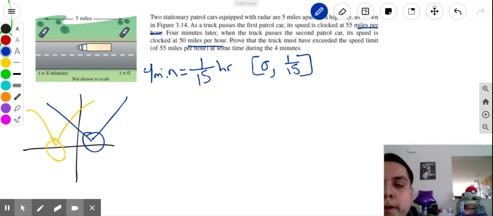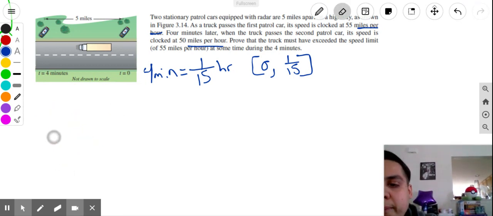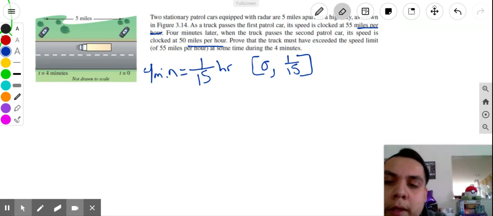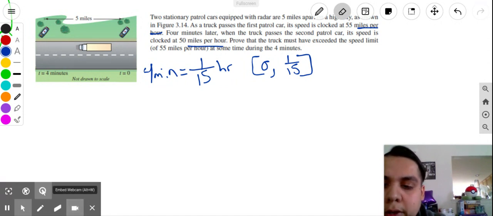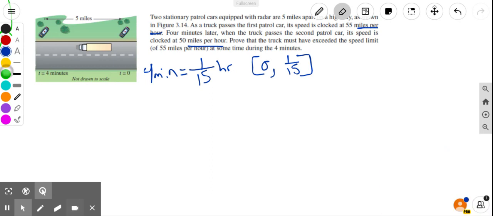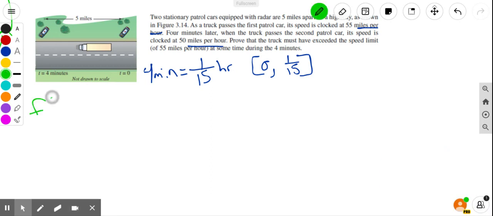All right. So according to the mean value theorem, since I've met the condition for it being differentiable and continuous in the interval, I can go ahead and get started with the slope. So f of 1/15 minus f of 0 over 1/15 minus 0. All right.